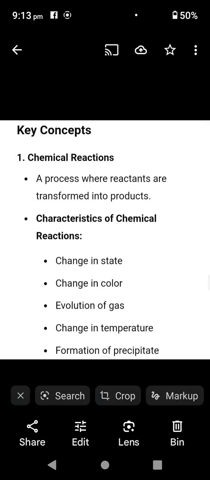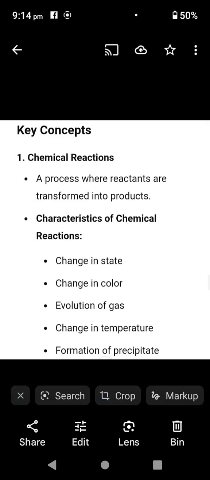Now come to the characteristics of chemical reactions: change in state, change in color, evolution of gas, change in temperature, formation of precipitate. So what are the characteristics of chemical reactions?